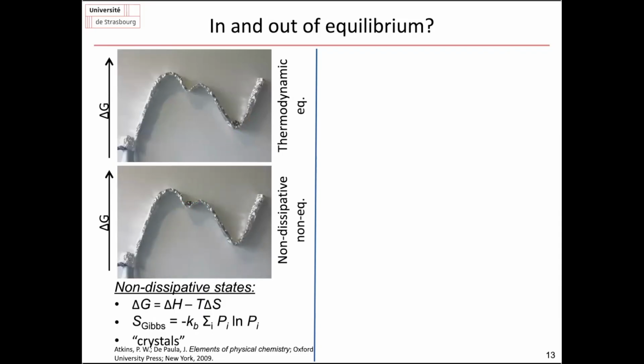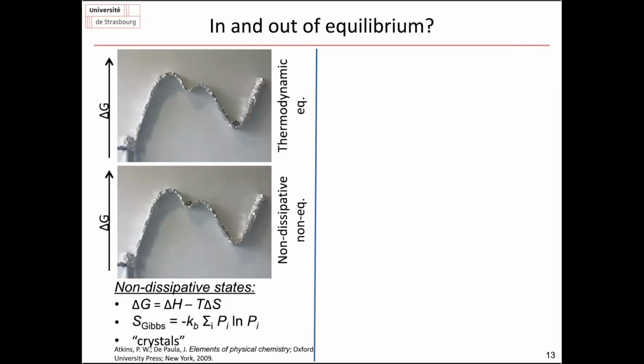So depending on the height of this barrier, right, on the activation energy, we know if this is on the scale of the thermal energy, so kT, then this state will be metastable, right? So it will slowly relax to the thermodynamic equilibrium. If this barrier is very high, then the system can be kinetically trapped for very, very long times, right?